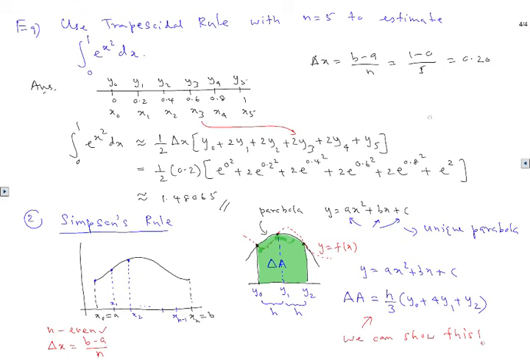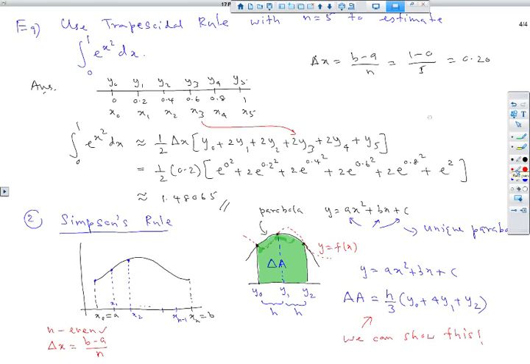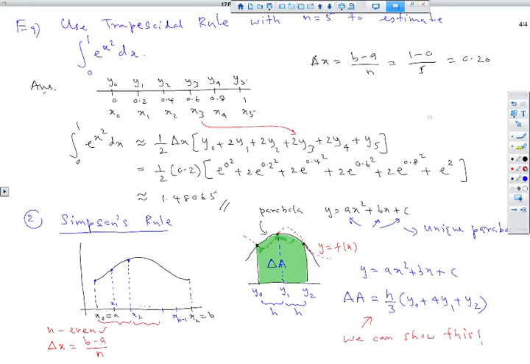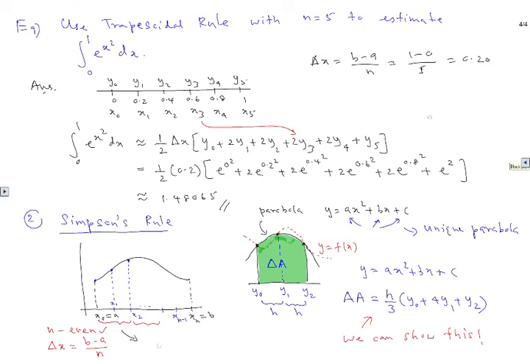For example, in this situation, if you consider the first 3, and then the next 3, like that, you end up getting this formula. From the first 3, you get h over 3, where h is the gap or delta x, times y0 plus 4y1 plus y2.